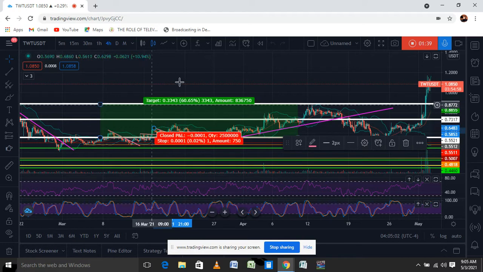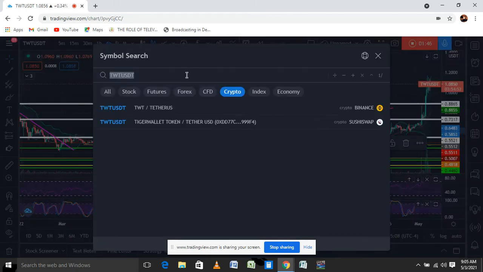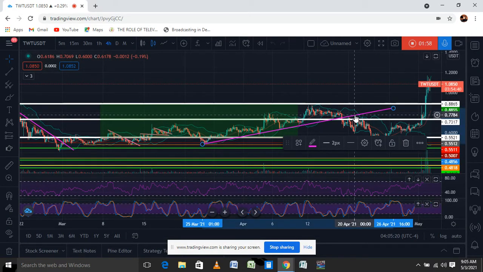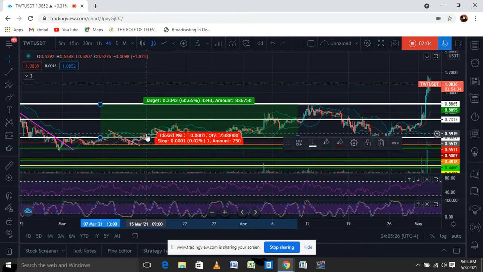But for today's lesson, we'll be using TRX. We could still use TWT or any coin. Let's just stick with TWT since it's here already. Let's see if I can just clear some charts. These are some of the charting I've been doing recently on TWT.